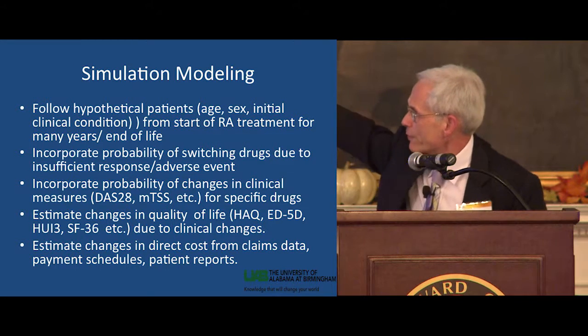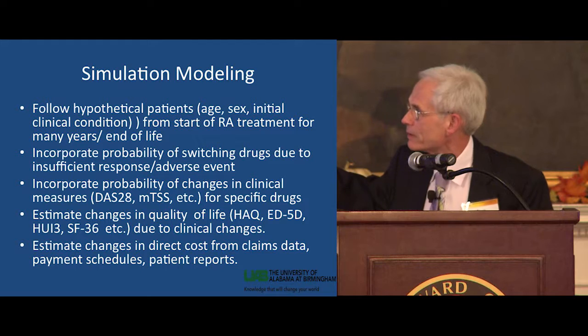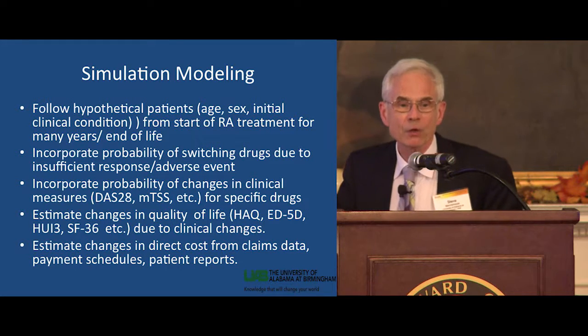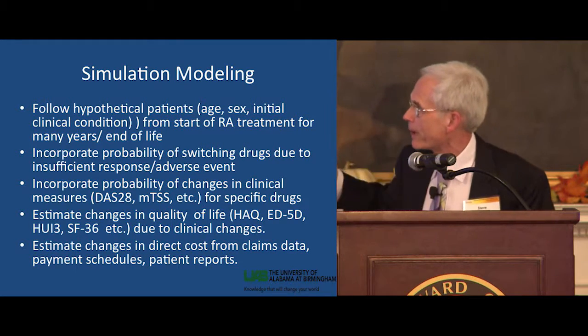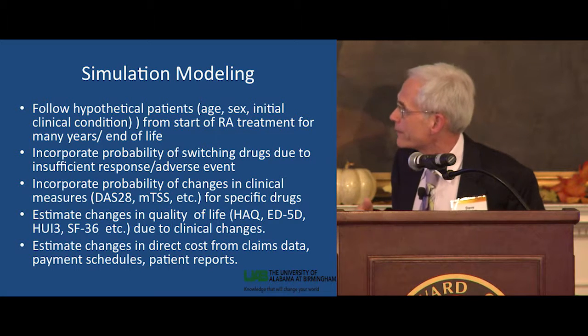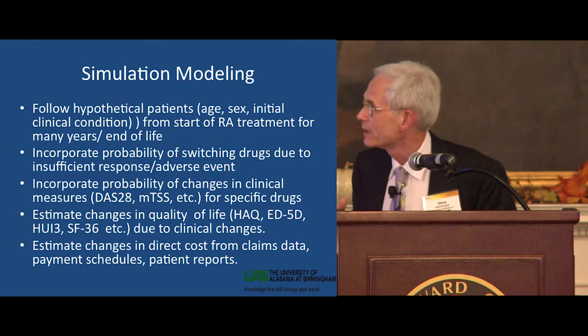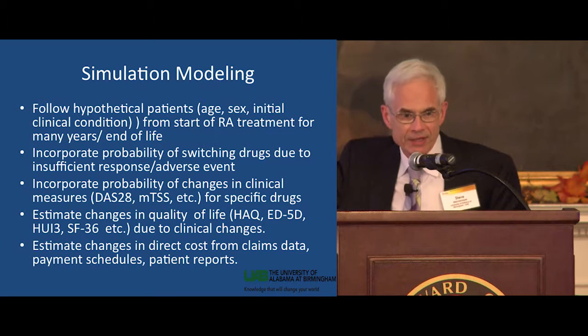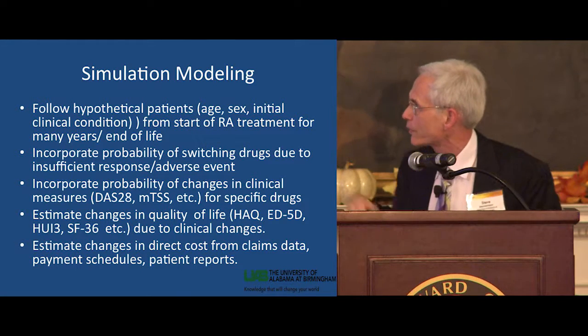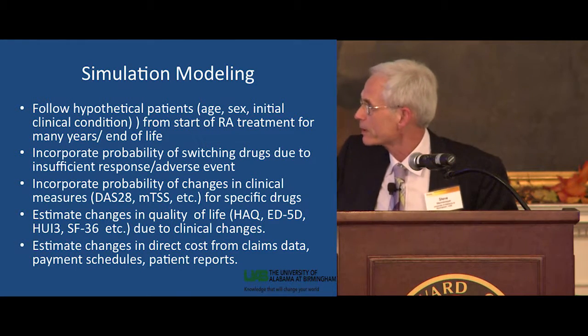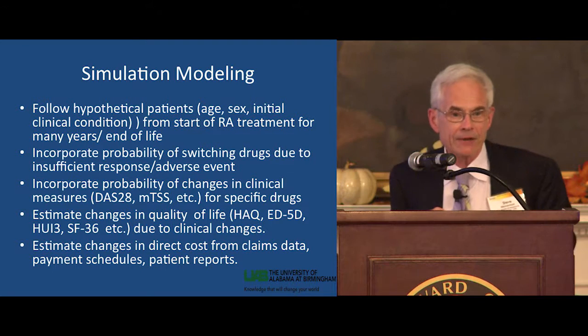Given, as you go through that, we then estimate what kinds of changes there would be in the quality of life, given what we know about or are guessing about the changes in the clinical measures. And so there's eventually a translation process that occurs where you go from the clinical measures to the quality of life.